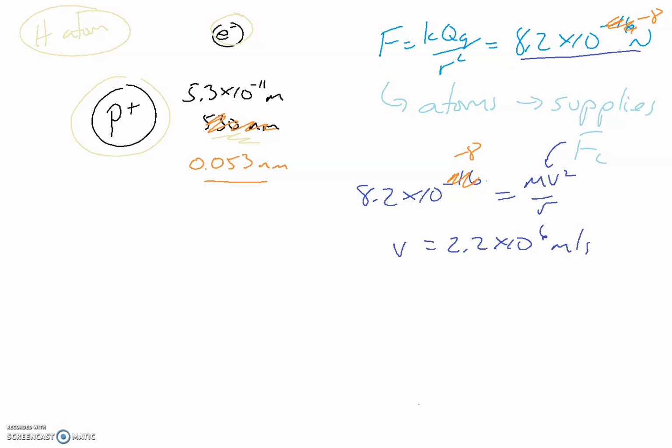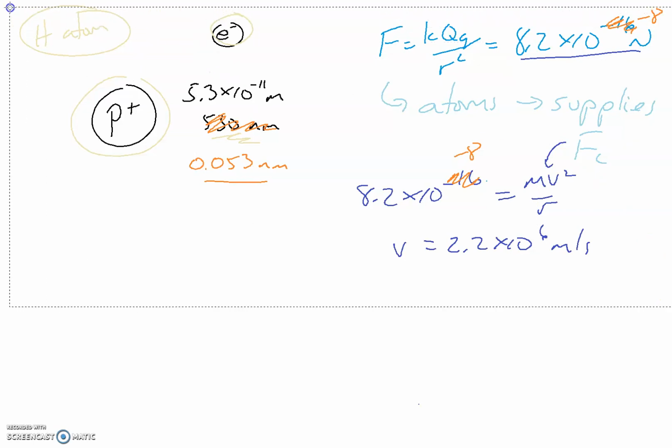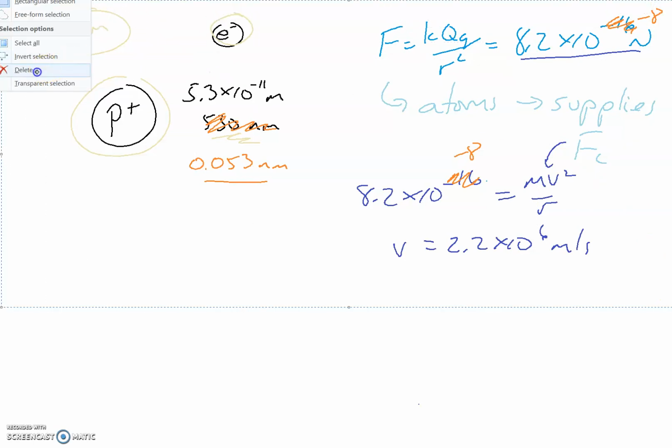Okay, so let's try something else with this to get a little more practice as well. All right. So let's take something actually similar. Let's take helium. Suppose we're talking about helium instead, and we looked at the electron going around helium.